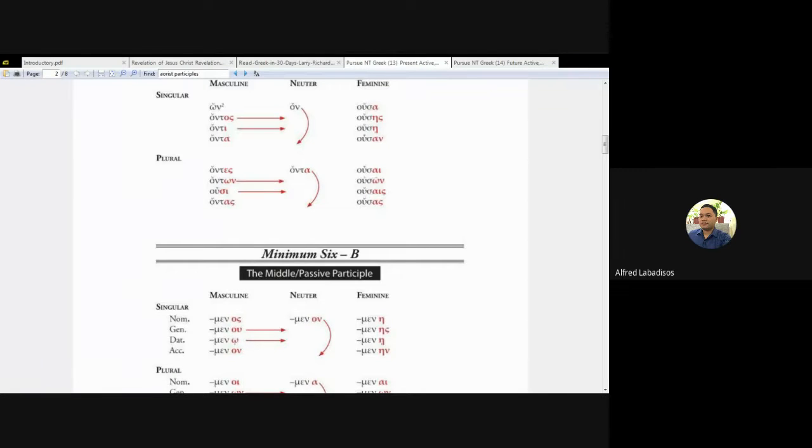However, in the aorist participle there is no augment, because the time of the action of the participle is determined by the time of the action of the main verb. That's why it doesn't have an augment.